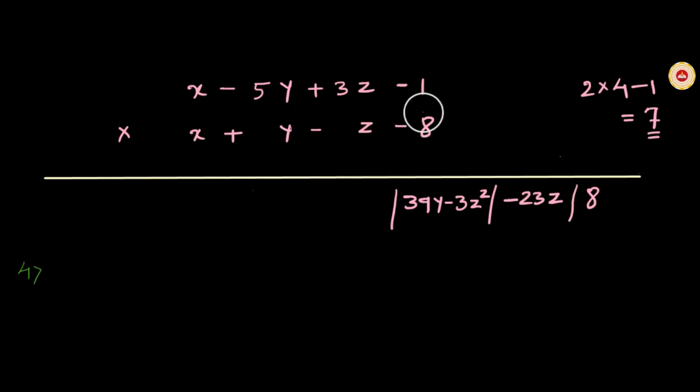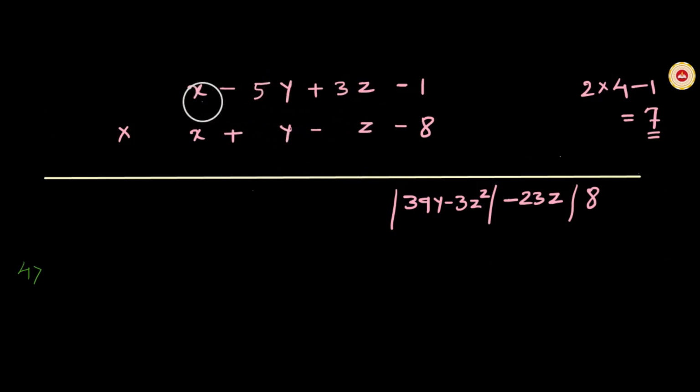See friends, 1, 2, 3, 4, 4 columns. Consider outermost columns first. Which are outermost columns? First column and fourth column are the two outermost columns. After that, consider these two inner columns. Which are inner columns? Second column and third column are inner columns.